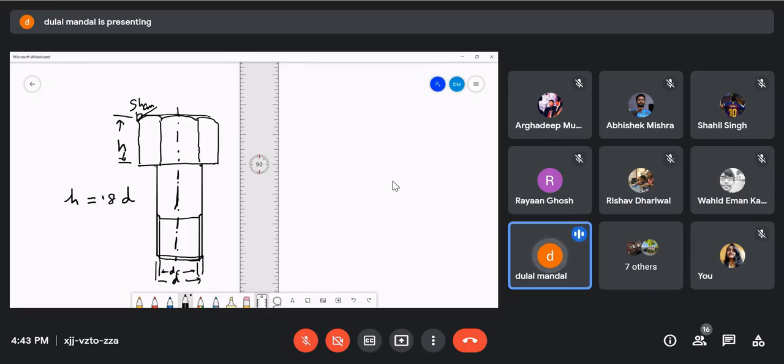So there are so many questions that may be asked. Why is the head of the bolt not octagonal, not decagonal, not pentagonal? Anybody can answer? Any idea?